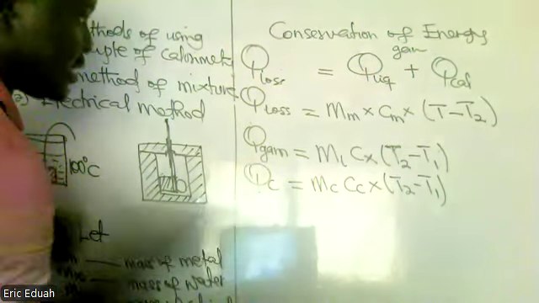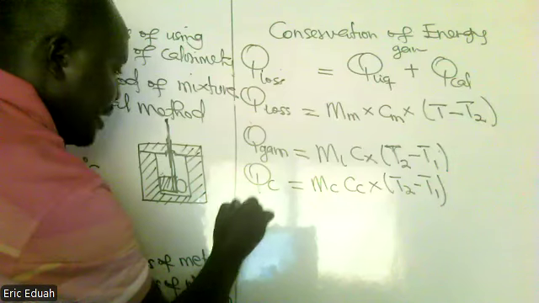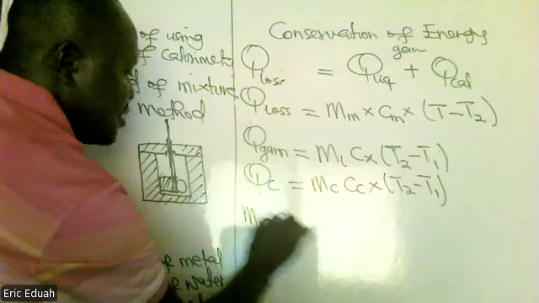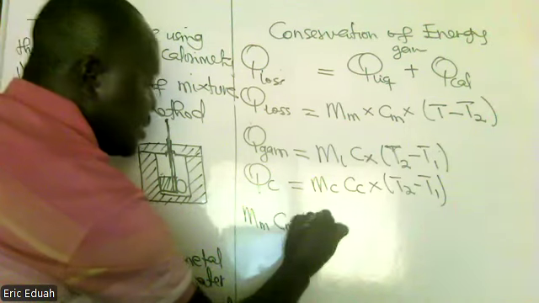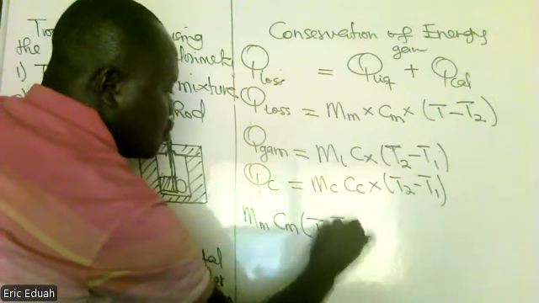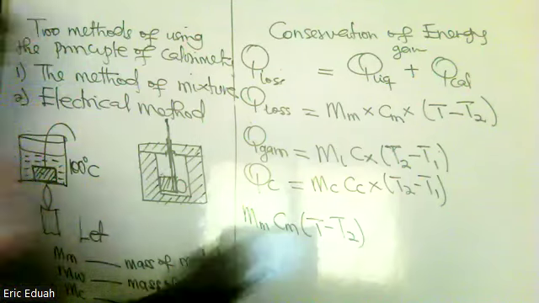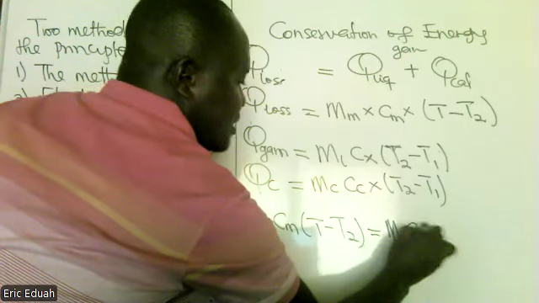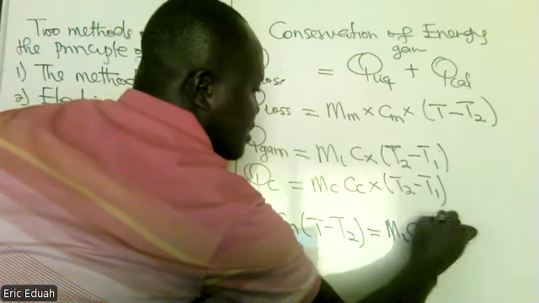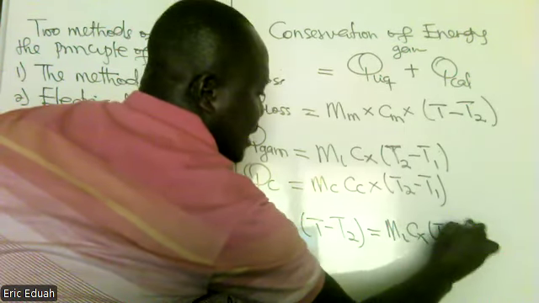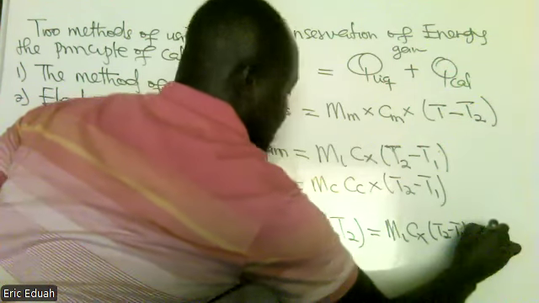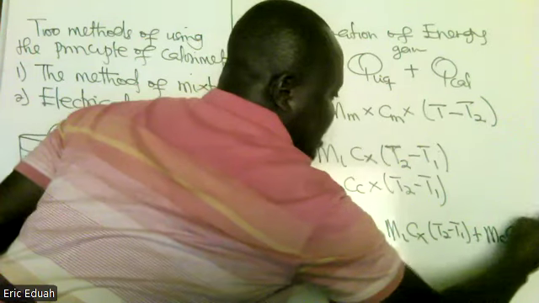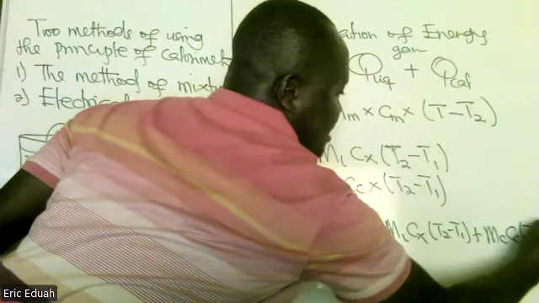Therefore, when we equate the two equations, we have Mm Cm (T minus T2) is equal to Ml Cx (T2 minus T1) plus Mc Cc times another (T2 minus T1).